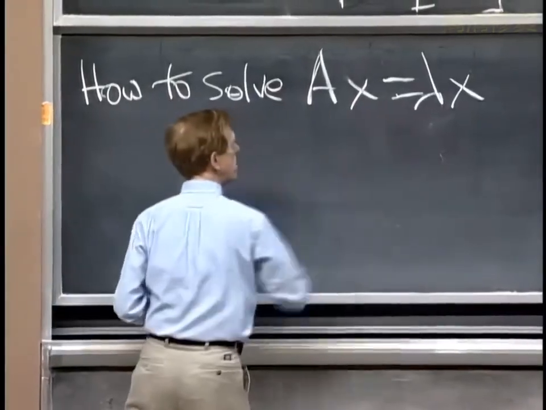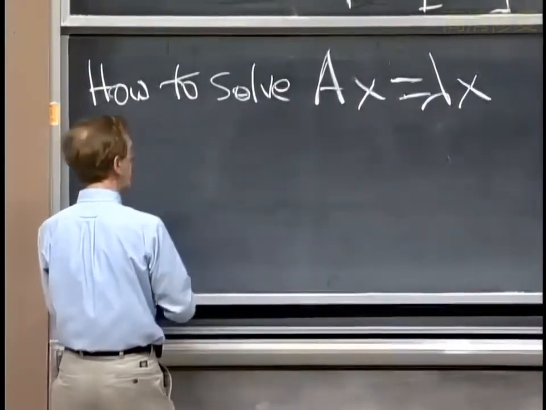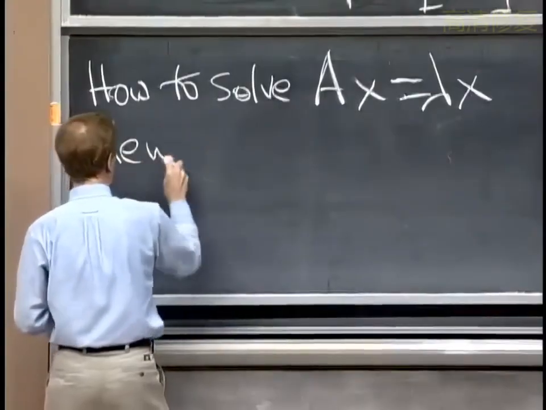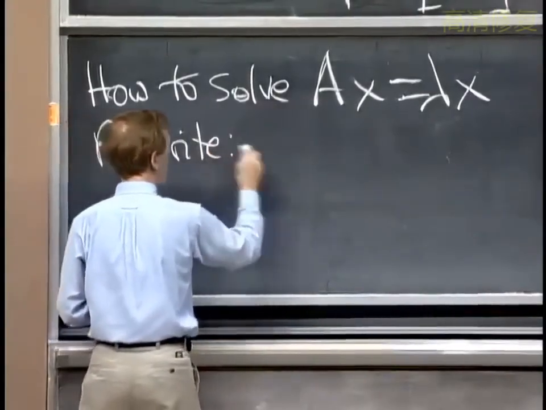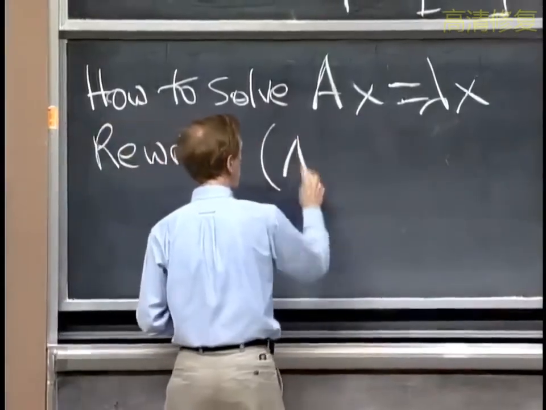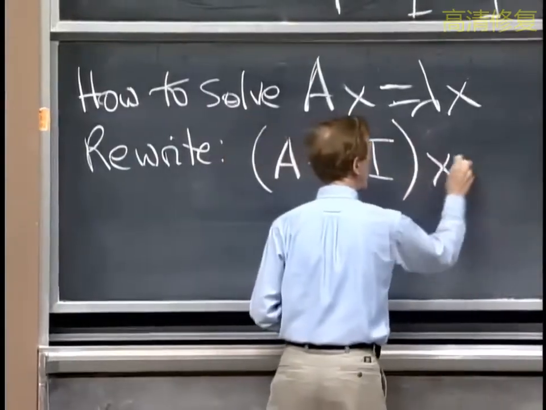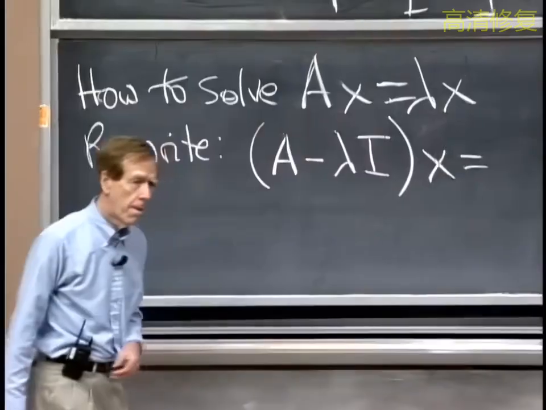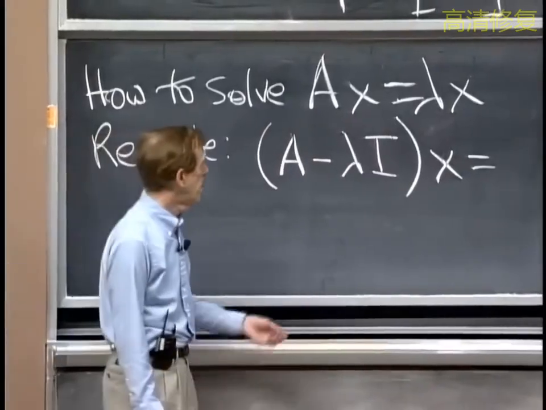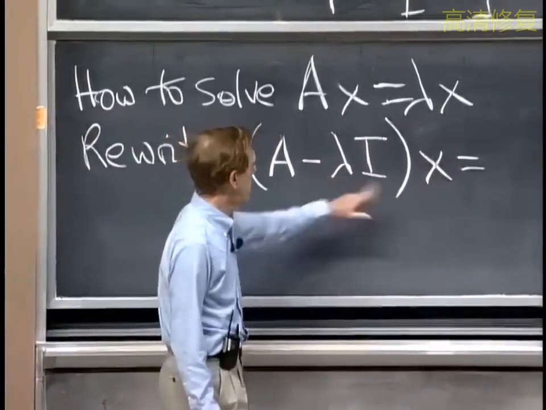Bring this onto the same side. Rewrite. Bring this over as A minus lambda times the identity, times x, equals 0, right? I have Ax minus lambda x.